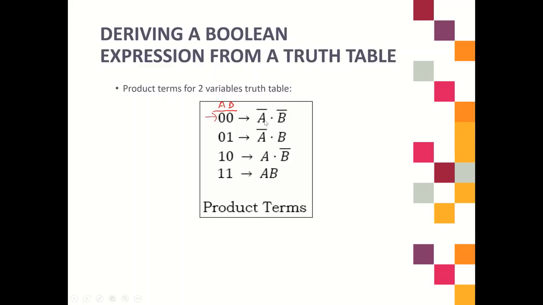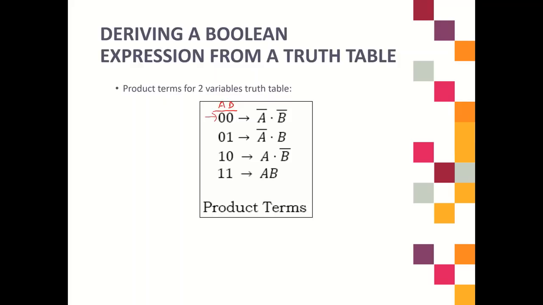Why? Because if you do not complement both variables, when you AND the values you will get 0, since your value for A is 0 and your value for B is 0.